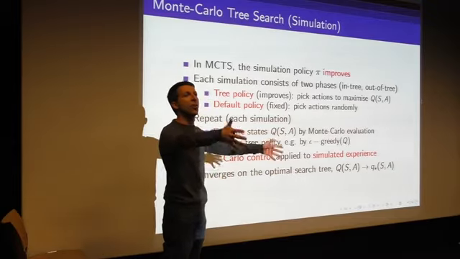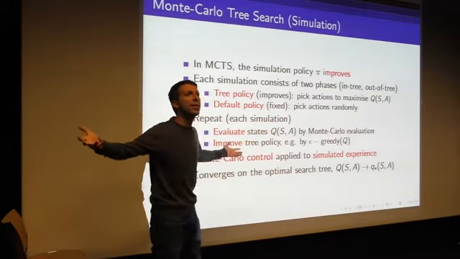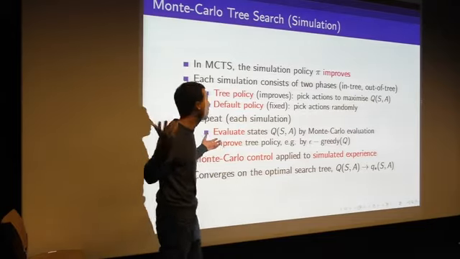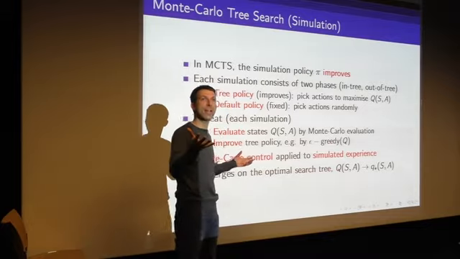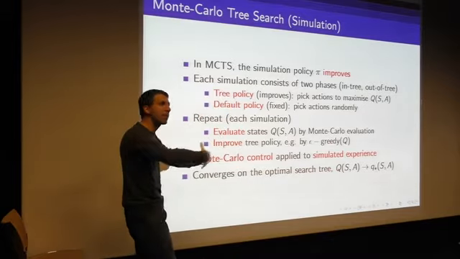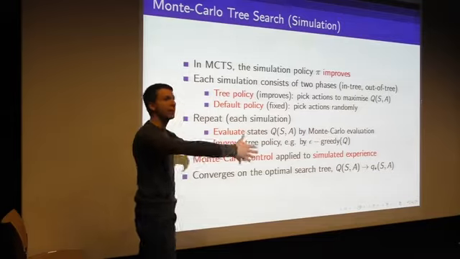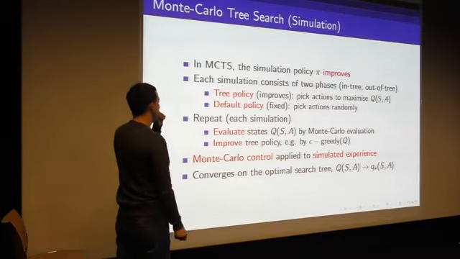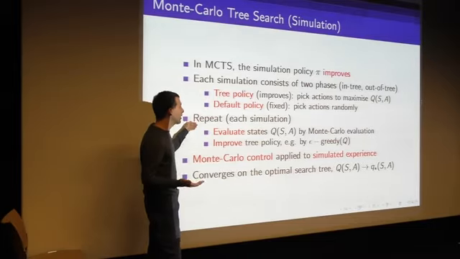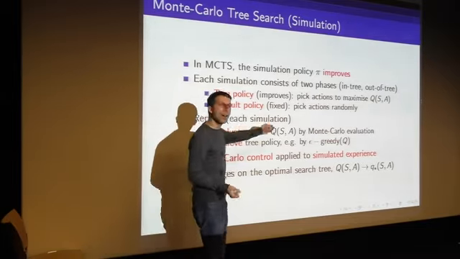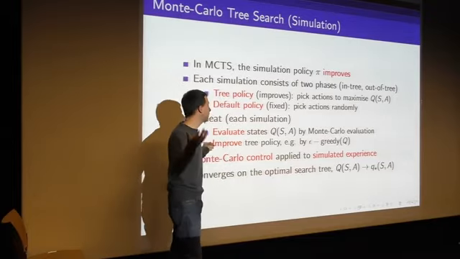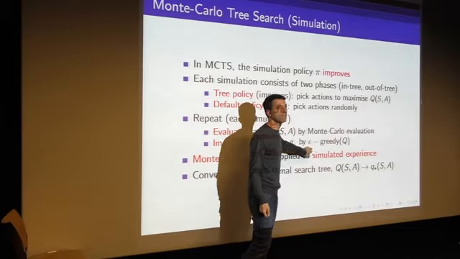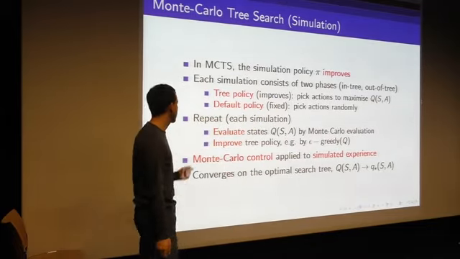But when I run beyond my tree, and I haven't seen these states before, I just behave according to some default random simulation policy, which again can be naive. But we're expanding the frontier of what we know about until eventually our simulation policy becomes smart everywhere. And so the algorithm is that every simulation, we evaluate our states by Monte Carlo evaluation, but then we improve our tree policy by, for example, epsilon greedy, or smarter strategies using bandits.